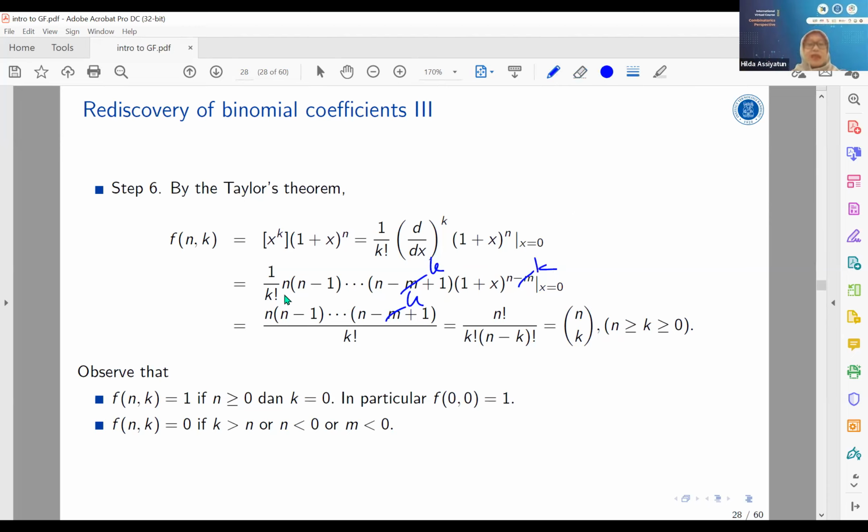So n, n minus 1, up to n minus k plus 1, and then evaluate it at x equals 0. We'll have this, and this equals this one. So we rediscover our binomial coefficients using this method.